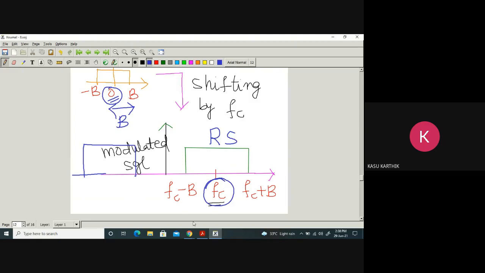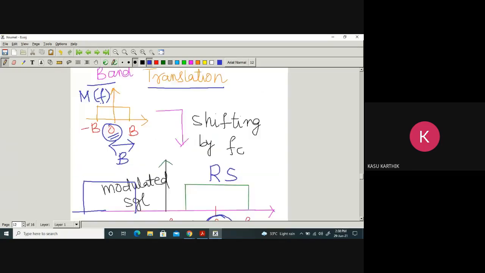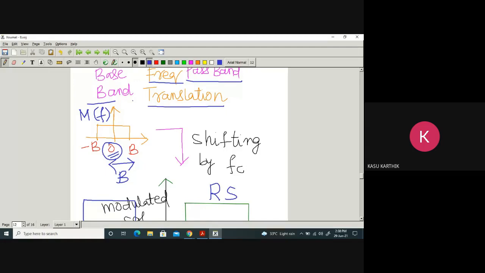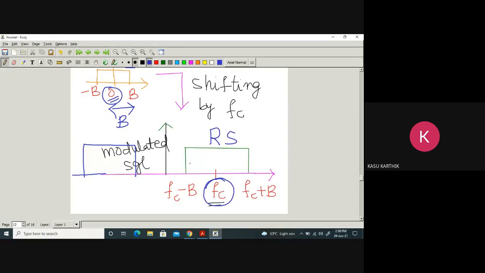Otherwise the center frequency is Fc, here the center frequency is 0. Obviously before modulation it's a baseband signal. This is the passband signal. So far so good, because we know all these things already, right?